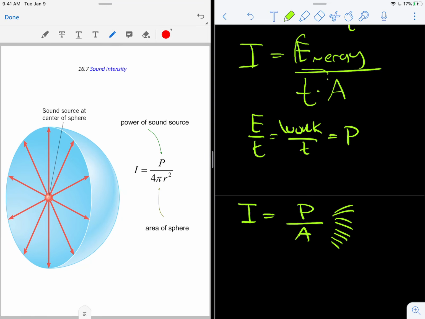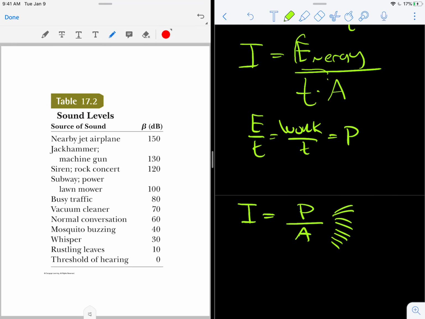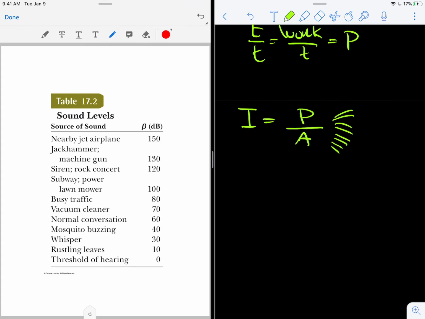So this part I'll just leave as is. So there's some units for intensity, depending on whatever instruments you use, but the main one is going to be in decibels. So loudness or brightness can be measured in decibels, or dB. So you can see here some examples. Just a low noise has about 10 decibels, and to the point where it gets painful to hear sound, you can get up to about 150 decibels.